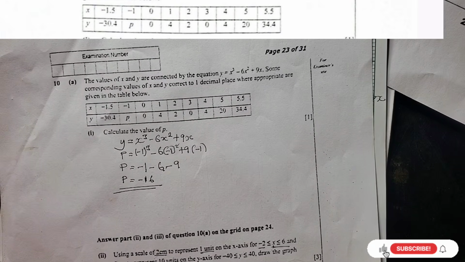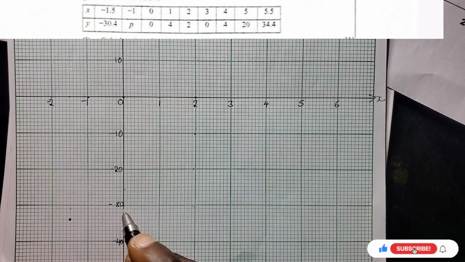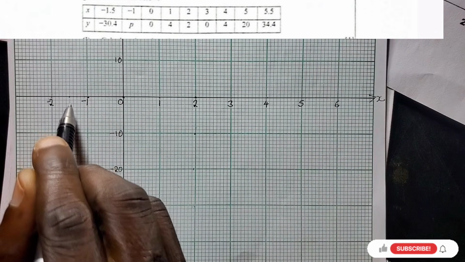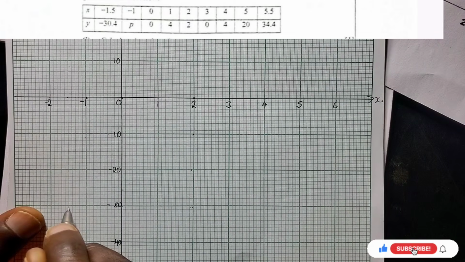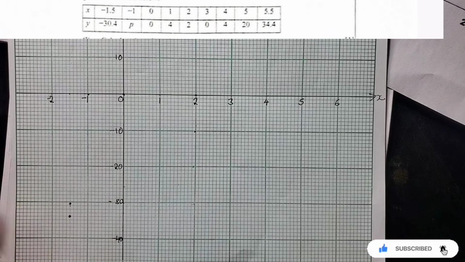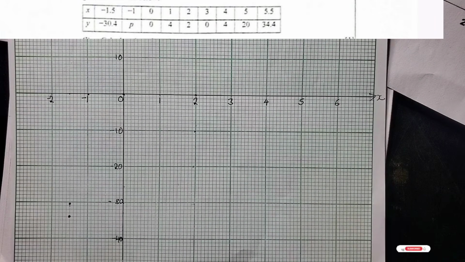Where is 30.4? If this is 30 and this is 31, then 30.4 should be just slightly in between here. So it will be this line here, slightly here. That's where 30.4 is.